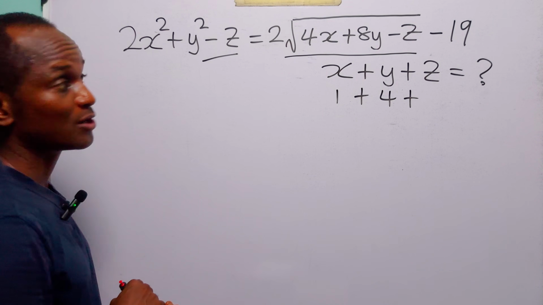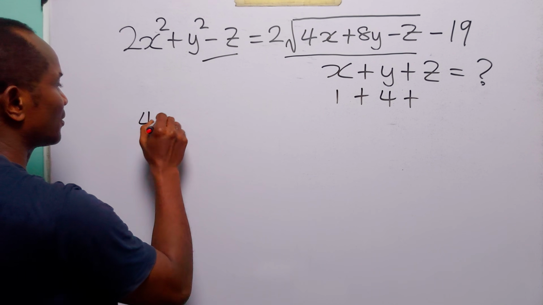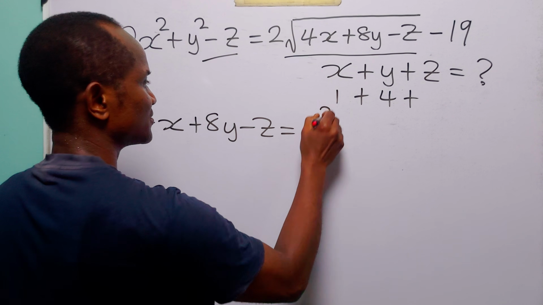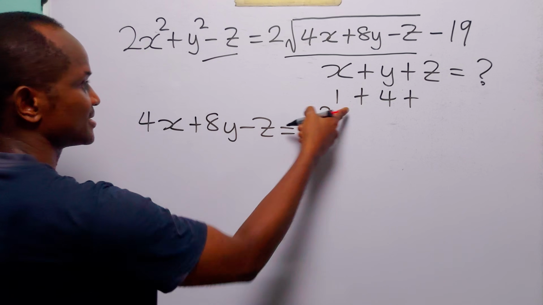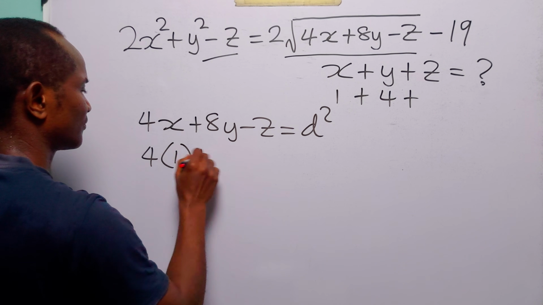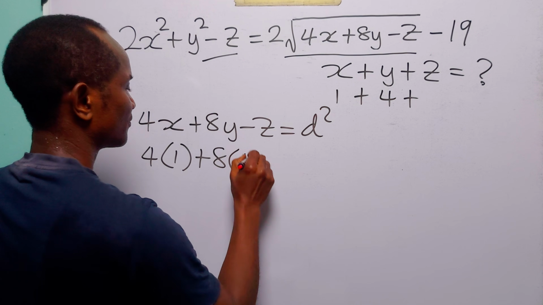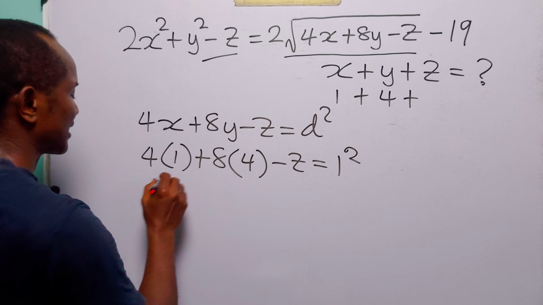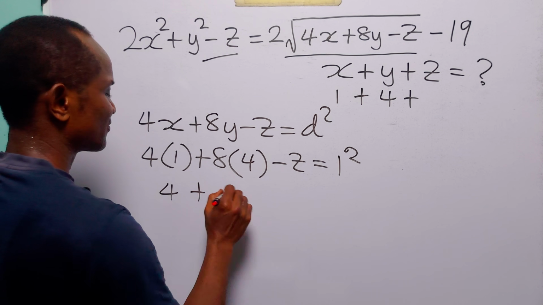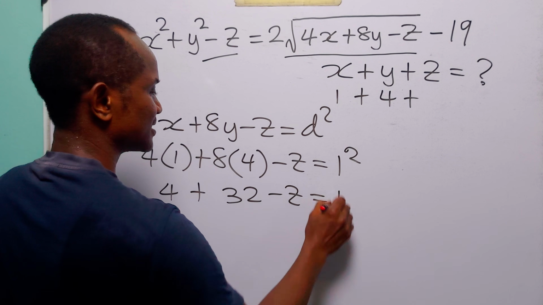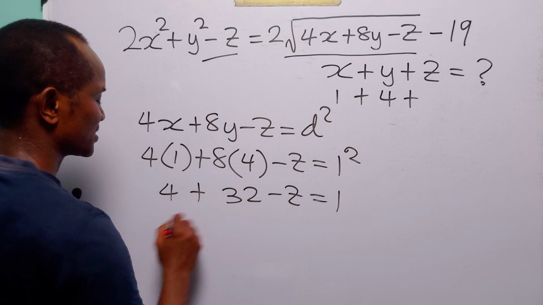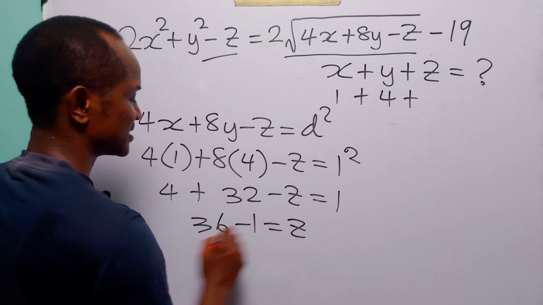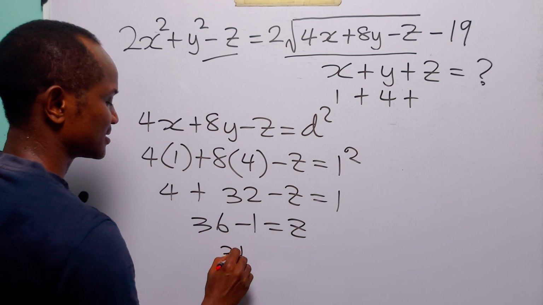Now from the substitution equation, we have that 4x plus 8y minus z is equal to d squared. x is 1, y is 4, minus z, d is 1. 4 times 1 is 4. 8 times 4 is 32 minus z is equal to 1. 4 plus 32 is 36 minus 1 is equal to z. 36 minus 1 is 35.